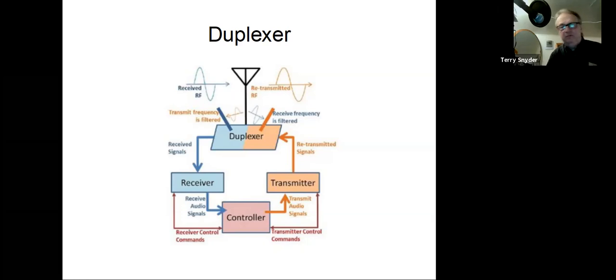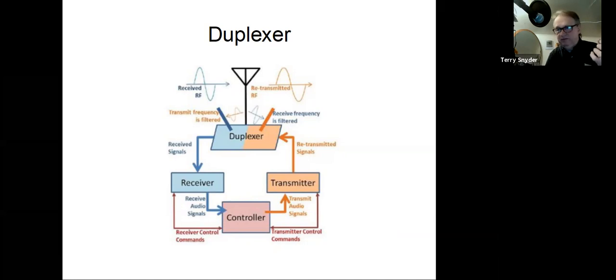A receiver, you pretty much know what it is because you already have one. The only difference is these are separate boxes. They're not all one, except for one item, which we'll get to, called the crossband repeater. But in a typical repeater, you have a receiver and you have a transmitter, and there's a control line that comes from the receiver.